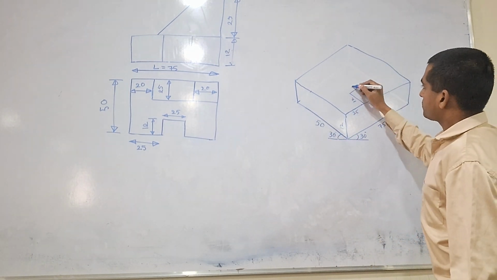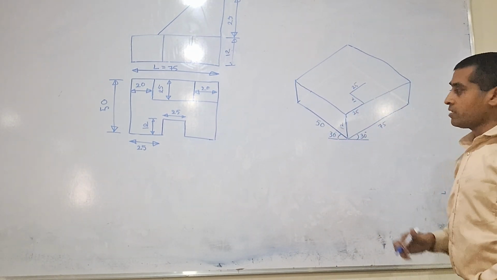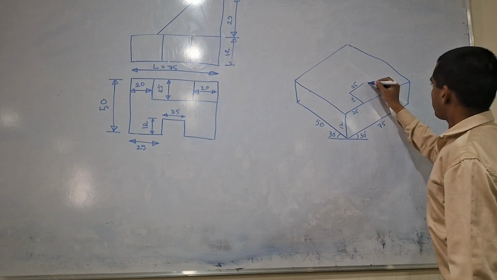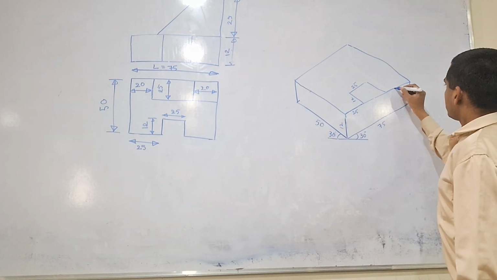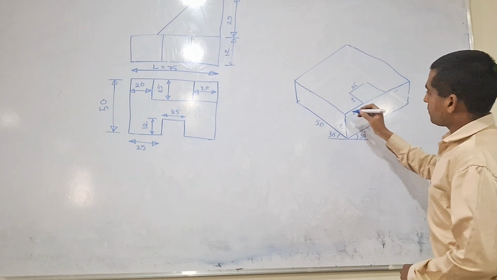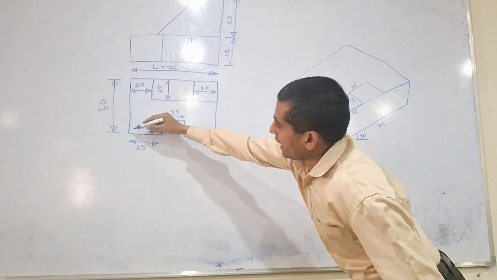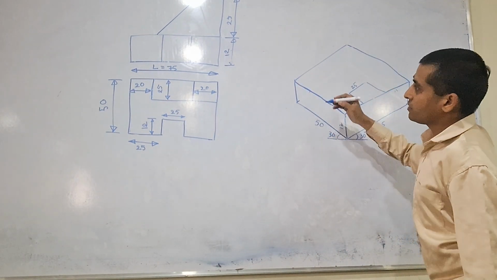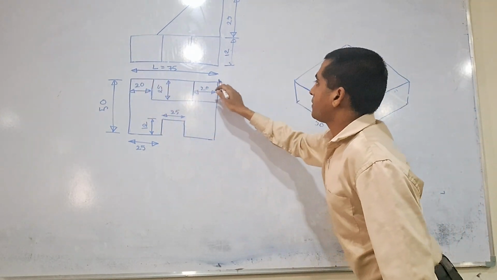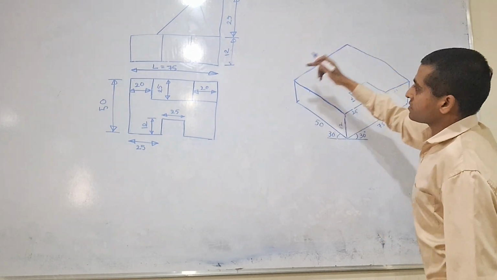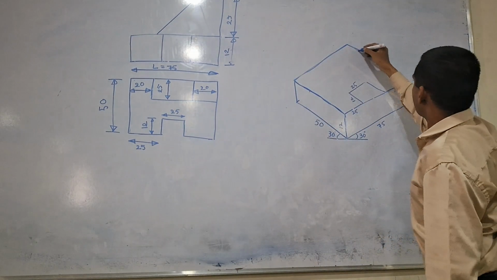Then similarly this line, 12, in this direction 12, then 25. Similarly this line I am drawing here, and this line here, and this line here.